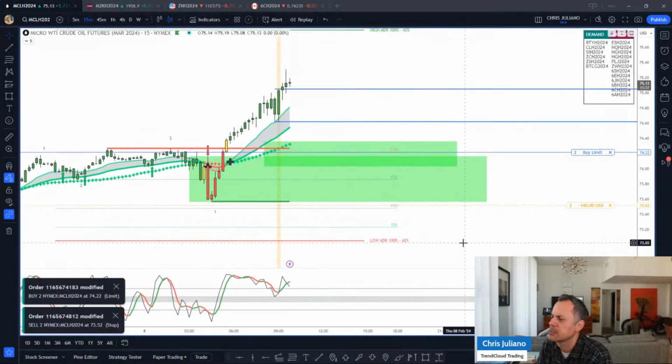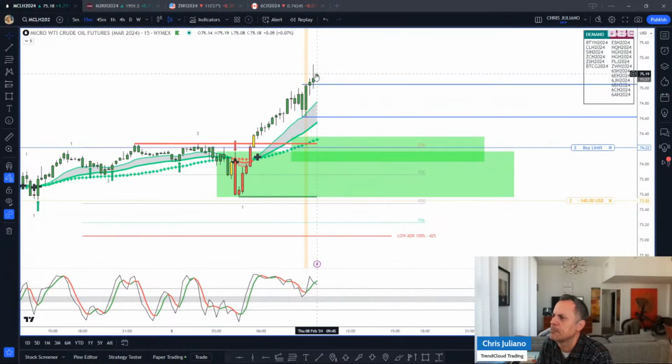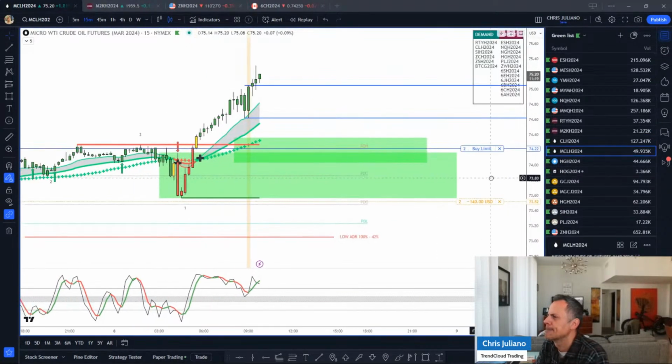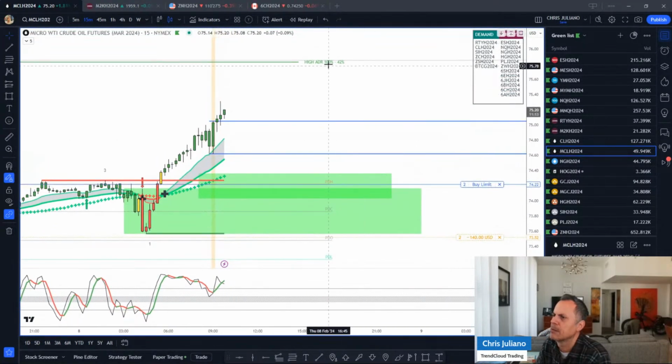Two contracts. Can do a nice setup like that and set that up. Pulls back, hits that demand area for the move up. $74.22. Will it pull back that far?